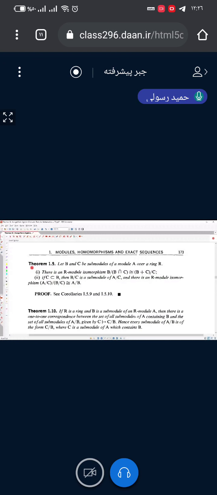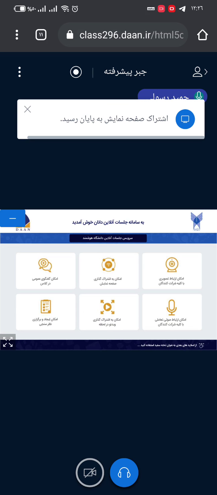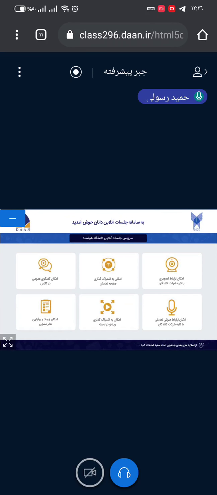And number two states that if C is a subset of B, then B/C is a submodule of A/C, and there is an R-module isomorphism (A/C)/(B/C) is equivalent to A/B.